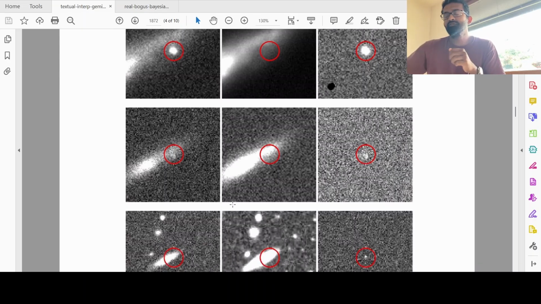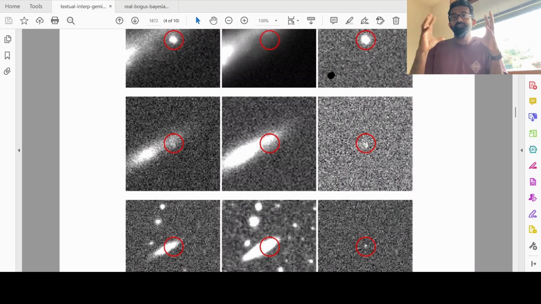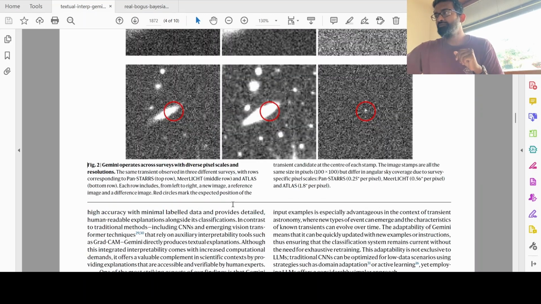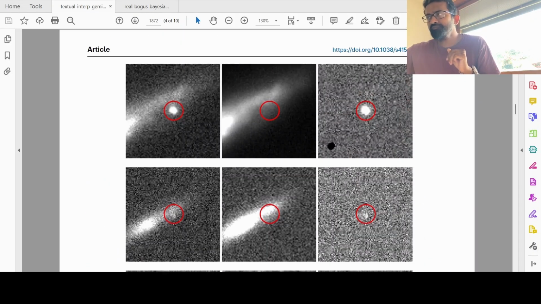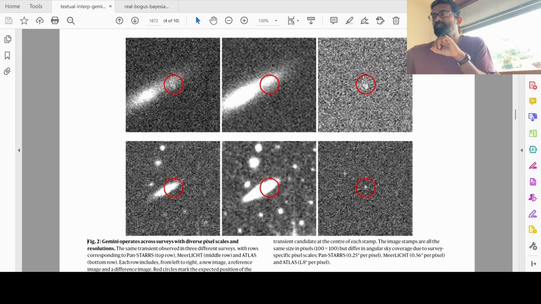Then comes Mirlicht, 0.65 meter, and then Atlas, 0.5 meter. So even if the image sizes are the same, all of them I think 100 by 100, yes, same sizes in pixels, because of the resolution of pixels, they cover different regions of the sky. So it is the same transient observed through different telescopes.